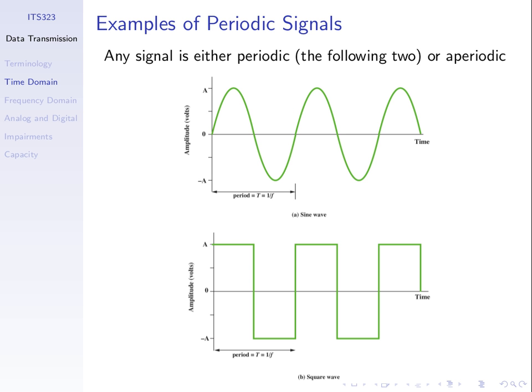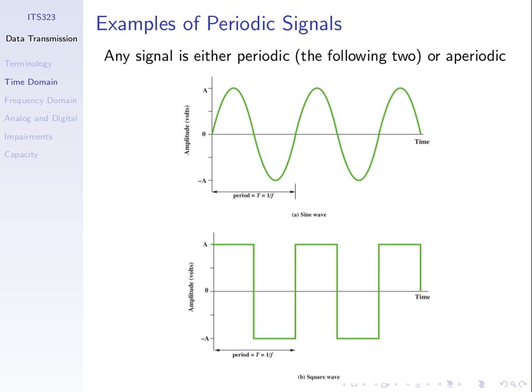Any signal can be considered periodic or aperiodic. Periodic, it repeats, some part of it repeats over time and continuously repeats. These two examples are periodic. We see the sine wave, it starts at time 0 and gets to some point back to a magnitude of 0, and then the same signal is repeated, and again and again.